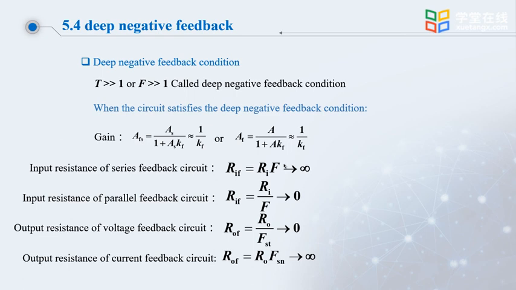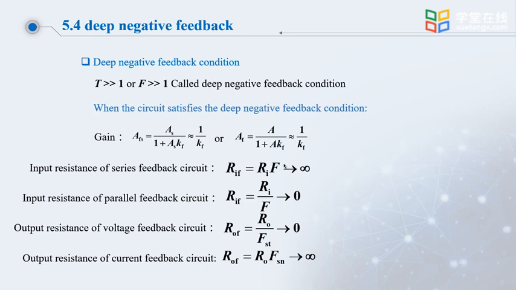When this condition is met, let's see how the input and output resistance change. When the deep negative feedback condition is satisfied, if it is series feedback, the input resistance equals the basic amplifier's input resistance multiplied by the feedback depth.